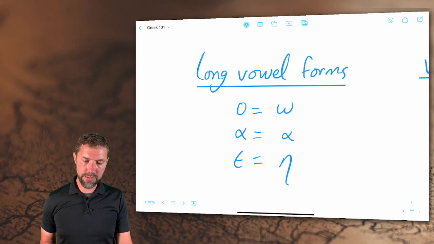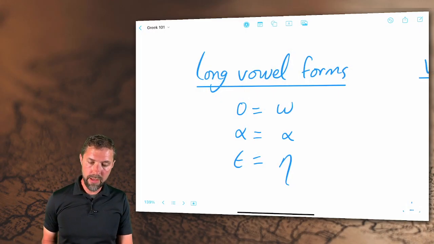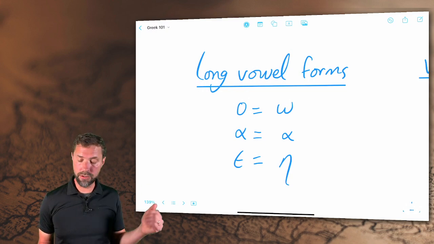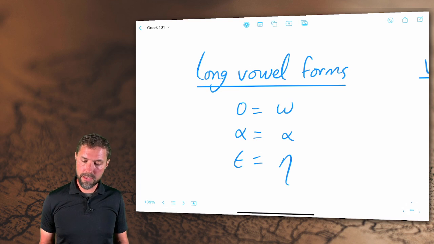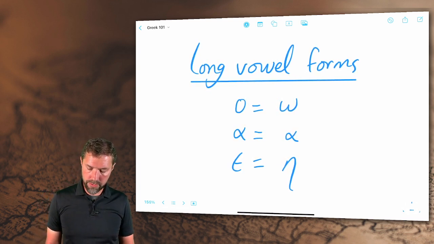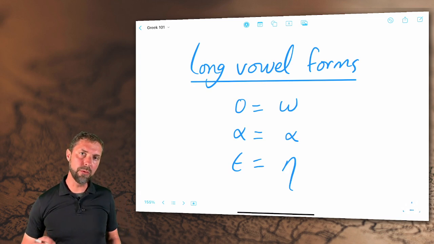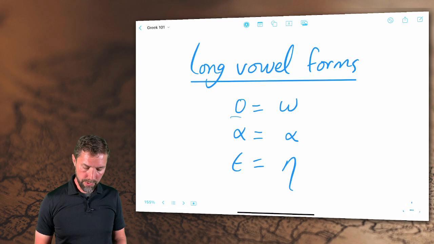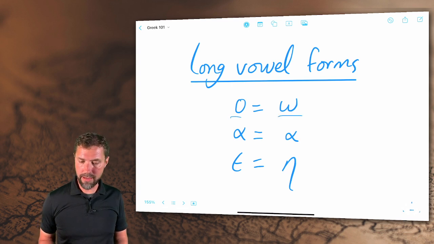Well, this is now where we're getting into some critical charts that you need to recognize and be able to handle. So here's something that you should memorize. While I would not say that you need to memorize that entire chart I showed you a moment ago, this you need to know. What we're looking at here are the forms as a certain vowel lengthens. Omicron will lengthen across to omega.